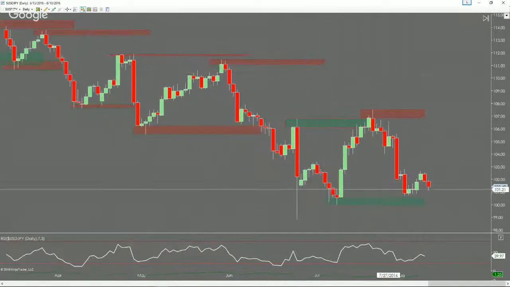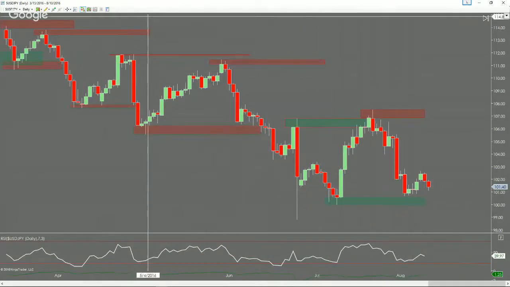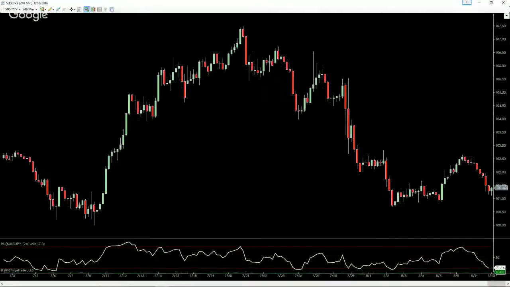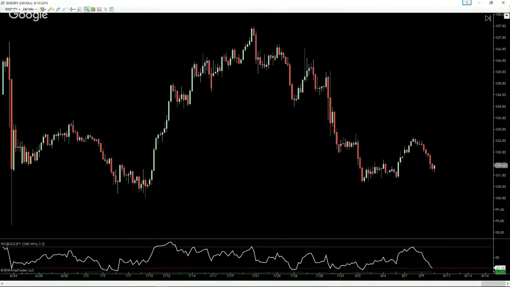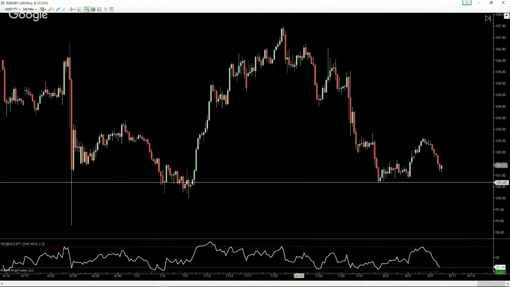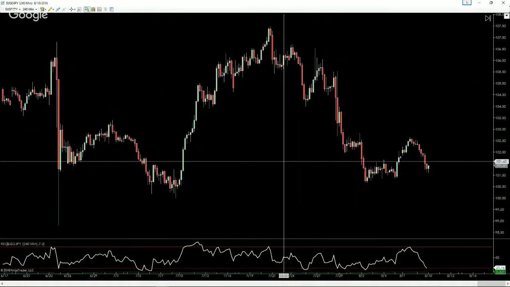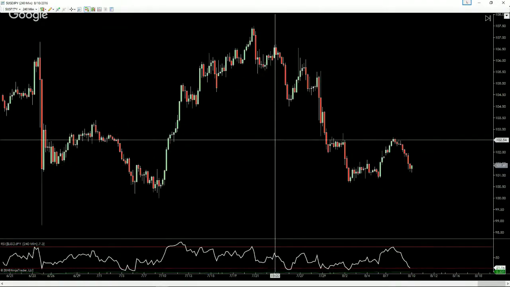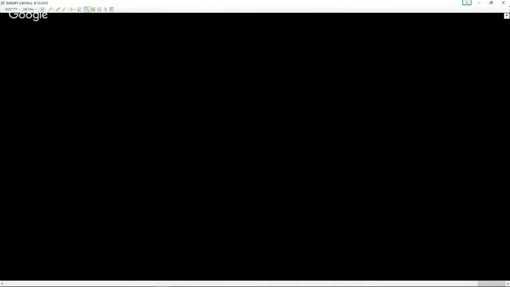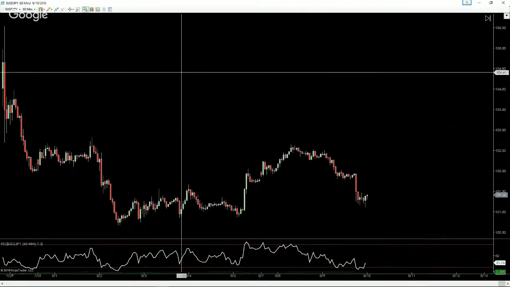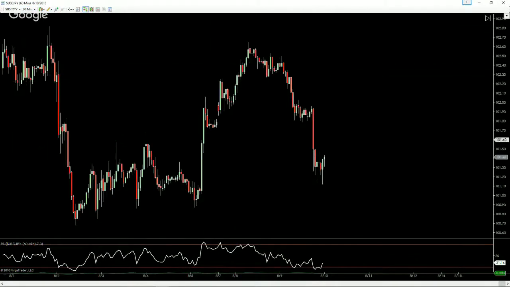And if it does go below this level, we could see some sort of a breakout. Okay, nothing much there, and nothing there.